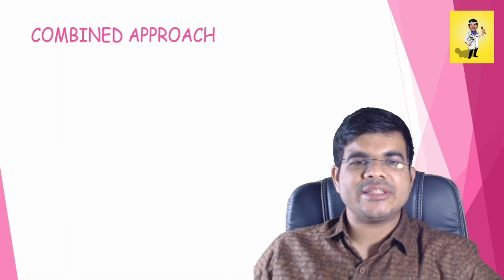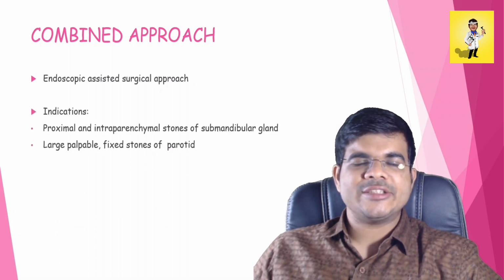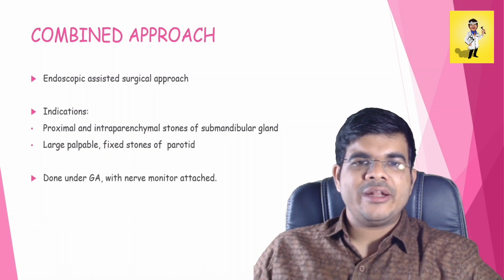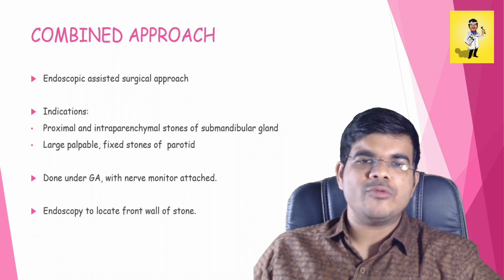Now, what do you mean by combined approach? Here, endoscopy is used for assistance. So, it is an endoscopic assisted surgical technique, and it is indicated in case of proximal large stones, and it is done under general anesthesia, and the endoscope is used to find the front wall of the stone.